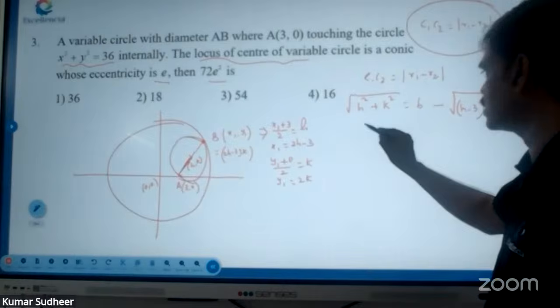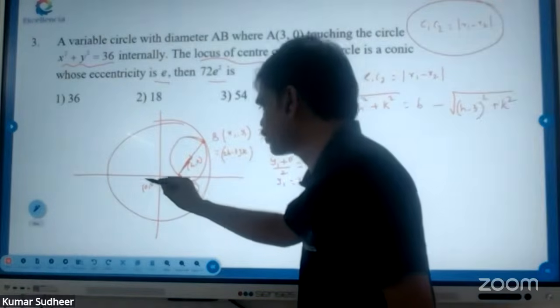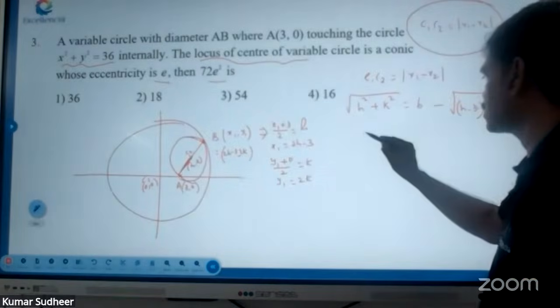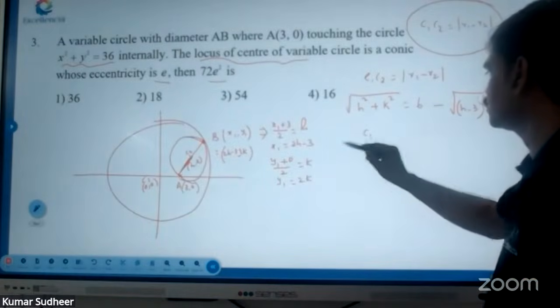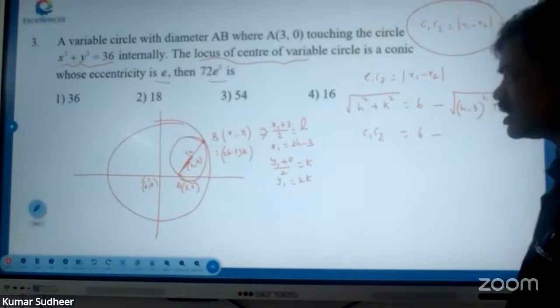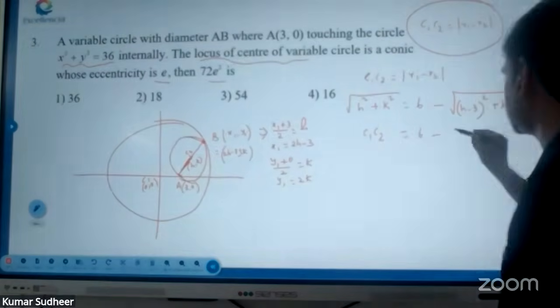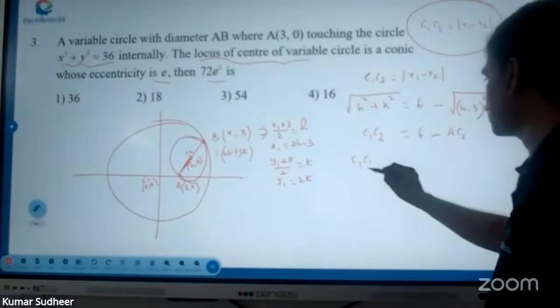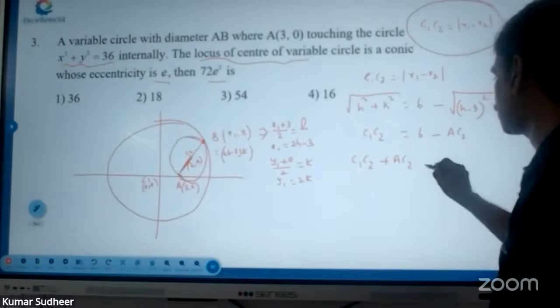Let us name this C1 and this C2. I'm bringing this to this side. What is this value? This is nothing but AC2. So C1C2 plus AC2 is equal to 6.